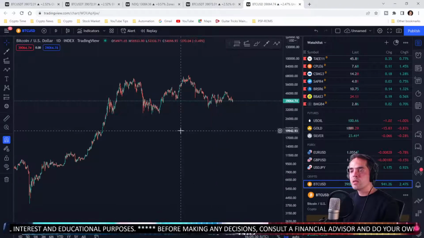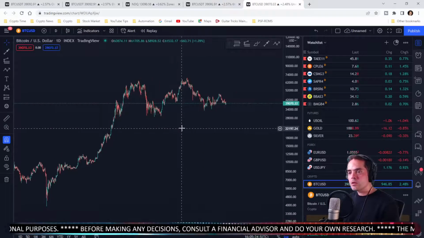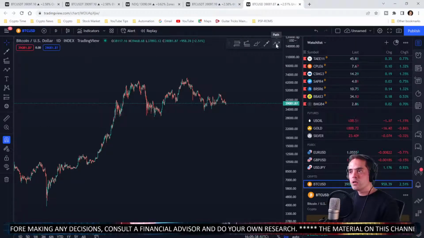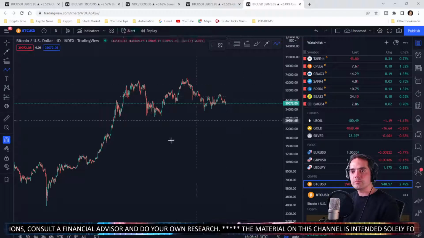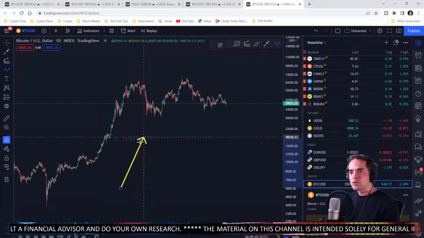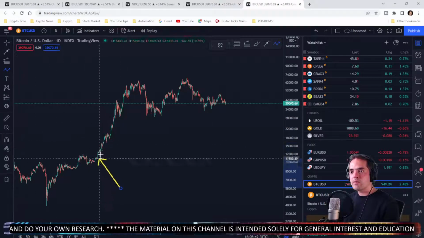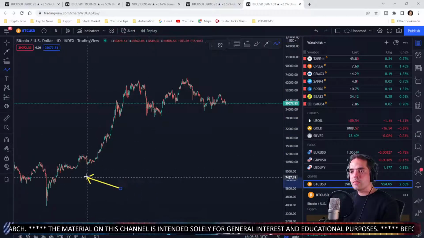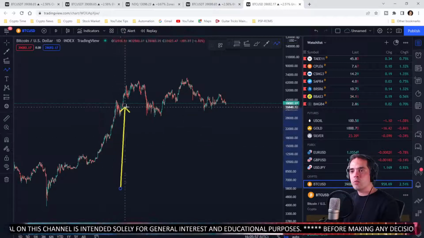So let's clean. Let's remove everything. The concept here is to identify the next move of an asset. So if we take an uptrend as our starting point, so we have an uptrend, and as we know, the price can go up or down, but always in waves.